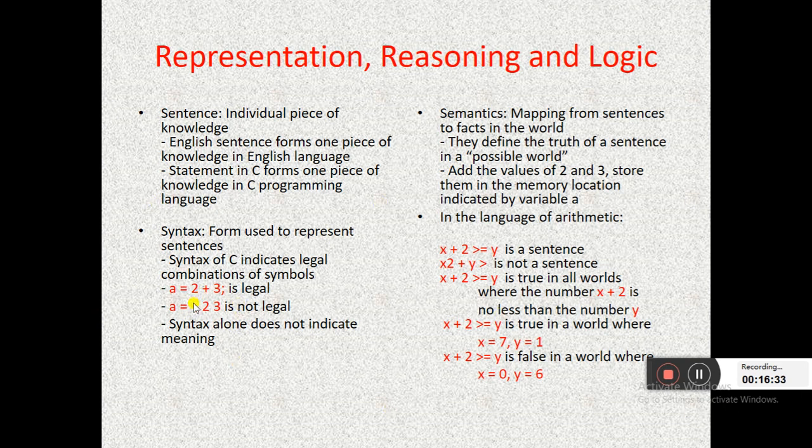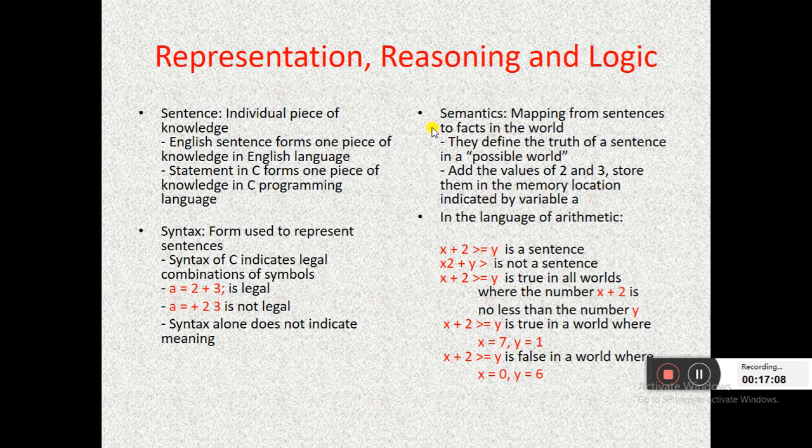So there must be another thing, and that is semantics: mapping from sentences to facts. In the real world, most of the time we do not have a suitable word or suitable language for any particular problem.